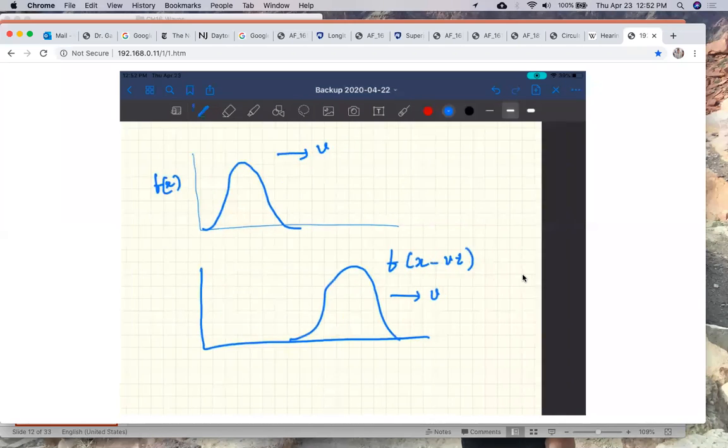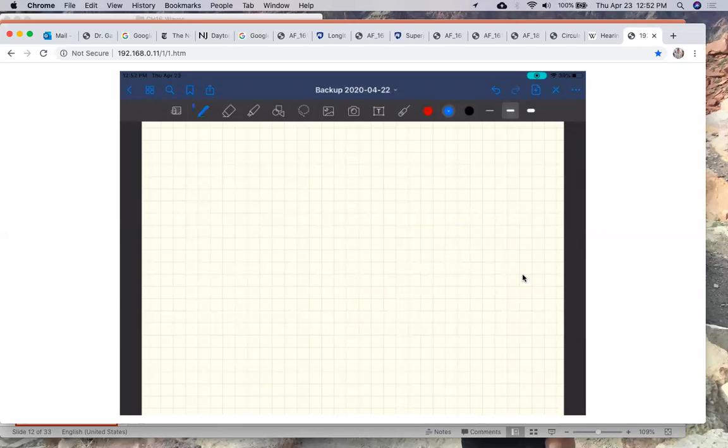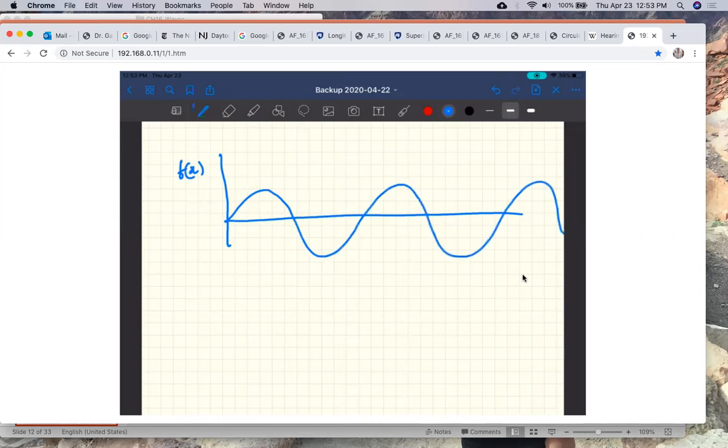And now what we'll do is, we were interested in sine waves. You saw that. So let's say here is a sine wave. So here's a snapshot of the wave on that string.